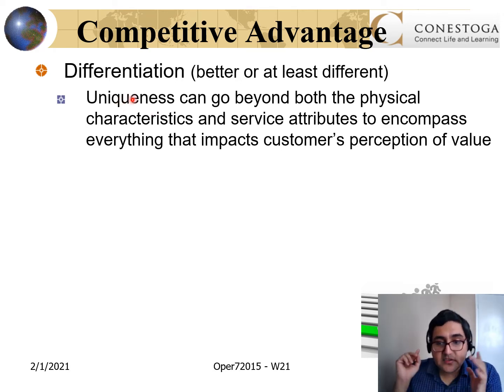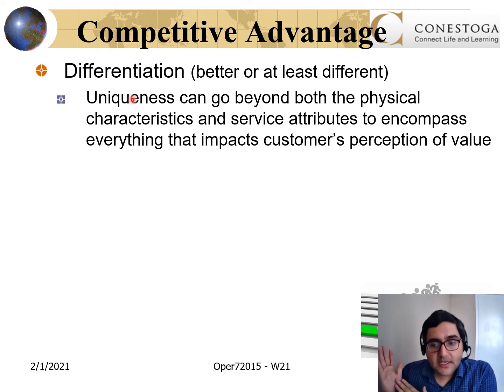Understand that they never speak about the money involved in it, but what they're speaking about is the uniqueness that they are providing to the customer. So this could be one of the methods in which the companies can follow and achieve the competitive advantage.